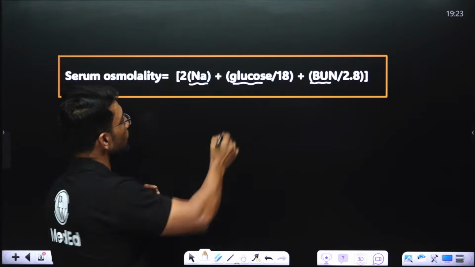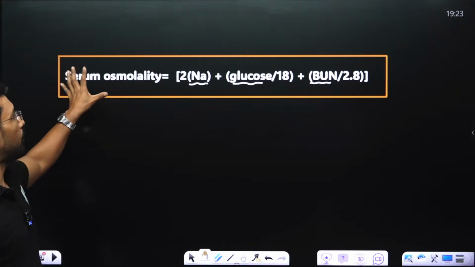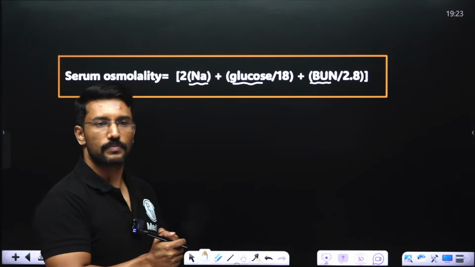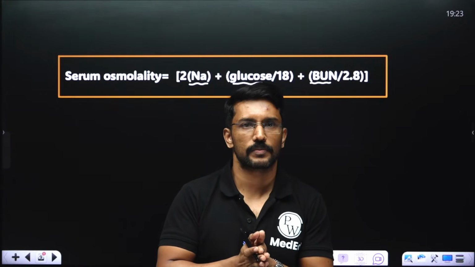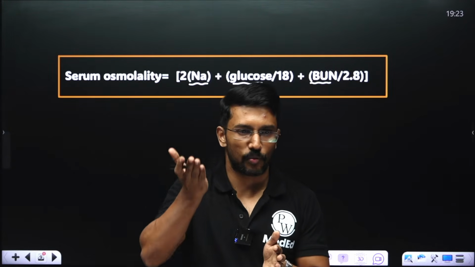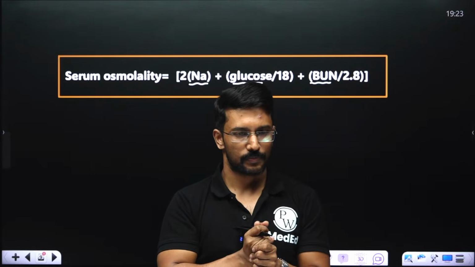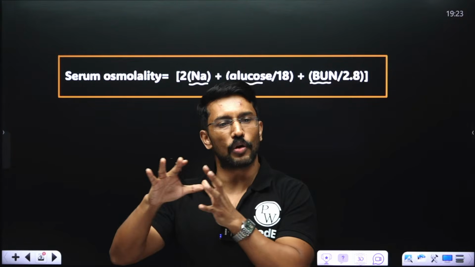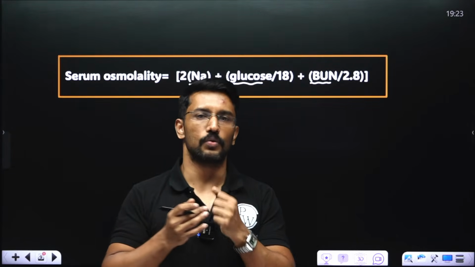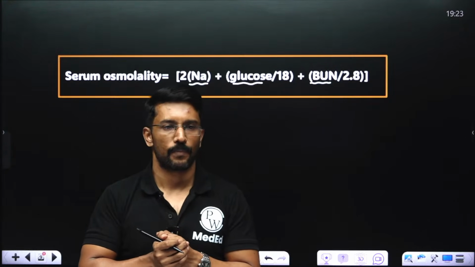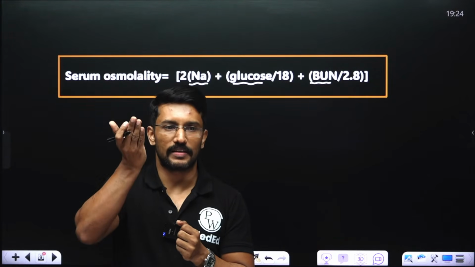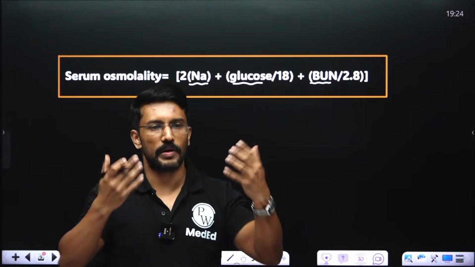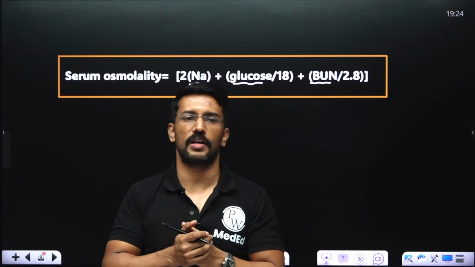So if blood glucose level increases, what happens to serum osmolality? Of course, the serum osmolality will increase. Now, if I want to get the serum osmolality back to normal, what should I do? The serum osmolality is increasing because of increasing blood glucose level, but the body wants to keep it back to normal.